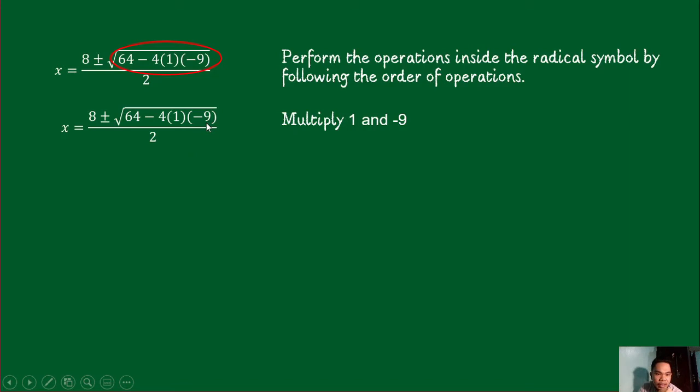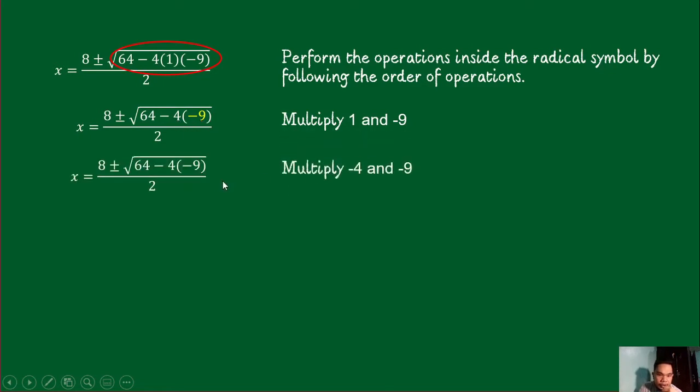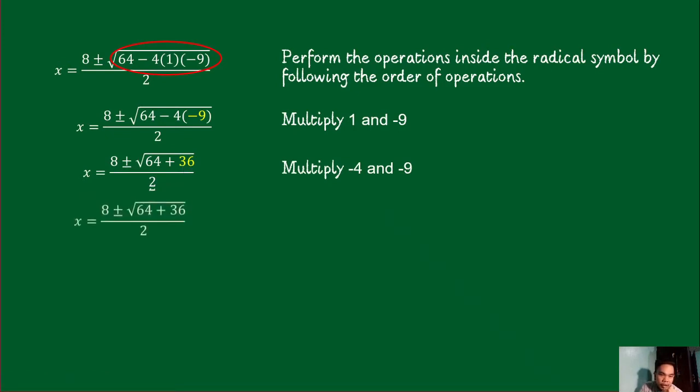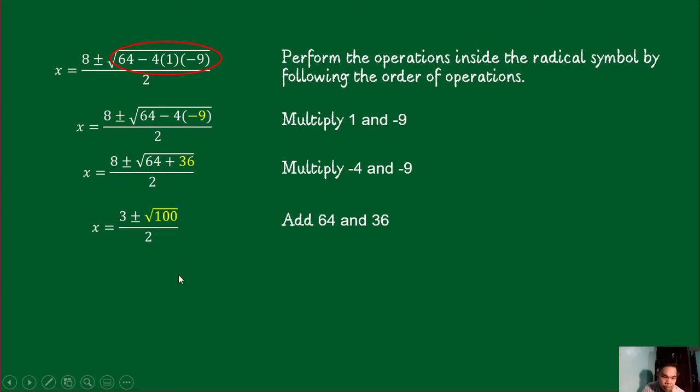That will give us negative 9. Then multiply negative 9 and negative 4. That will give us positive 36. Then ang gagawin naman sa susunod ay add 64 and 36. 64 plus 36 is equal to 100.